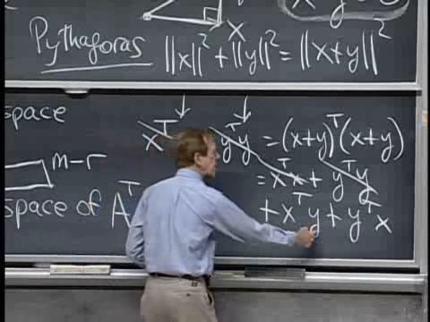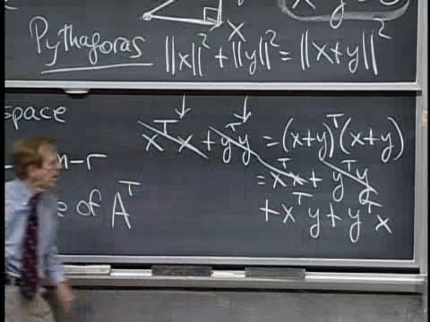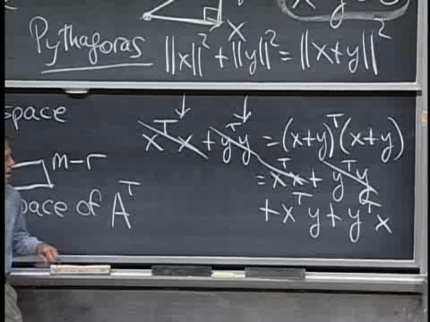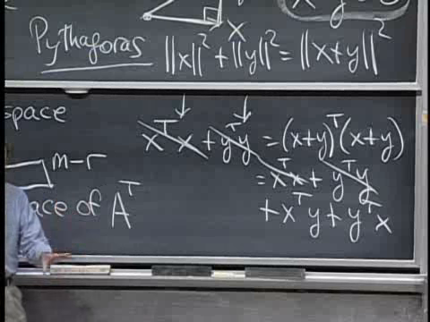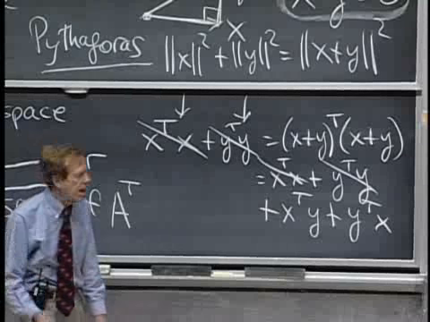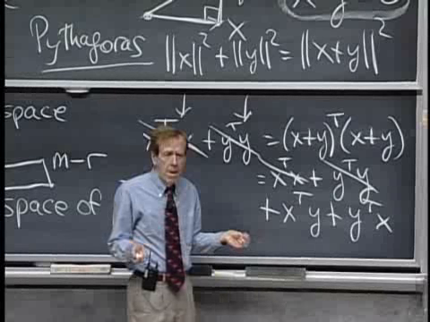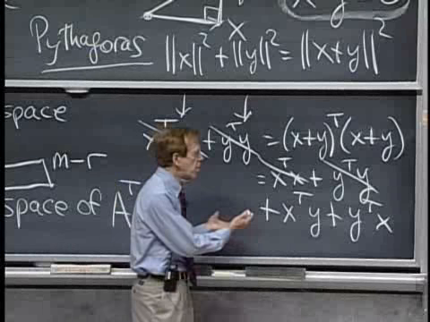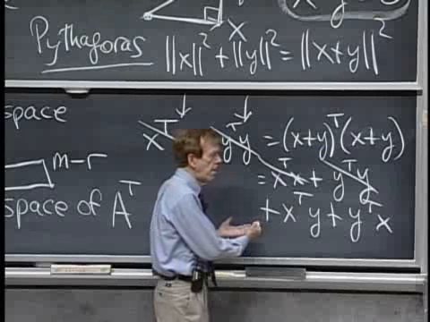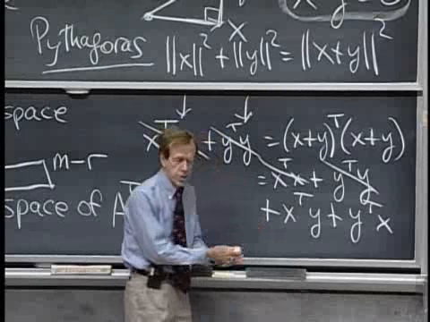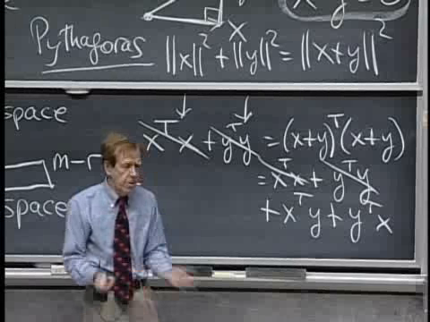And what about these guys? What can you tell me about the inner product of x with y and the inner product of y with x? Is there a difference? I think while we're doing real vectors, which is all we're doing now, there isn't a difference.